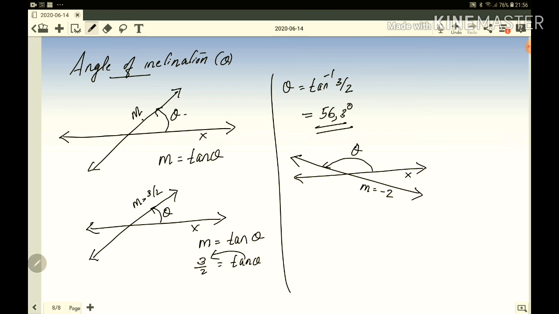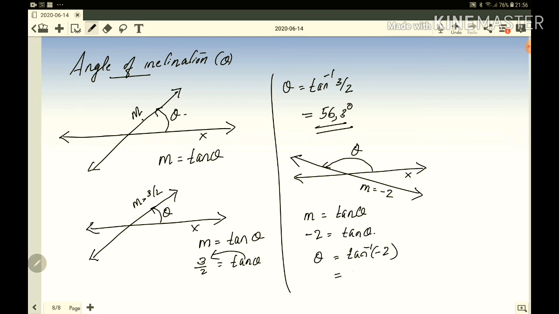So how do you do that one? I will show you that. m is equal to tan theta, that is the formula, okay? So m is -2 is equal to tan theta. So here when you find theta, that is tan inverse of -2.